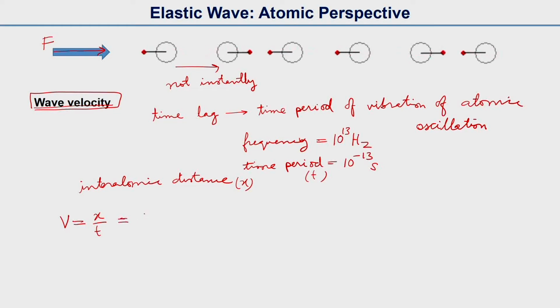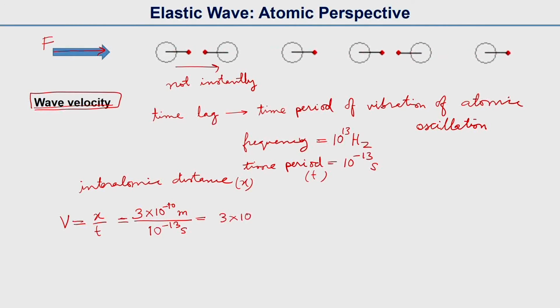The interatomic distance, let's say for iron, is close to 3 angstrom, that is 3 times 10 to the power minus 10 meter, divided by the time period, 10 to the power minus 13 second. This will give you a value of 3000 meter per second.